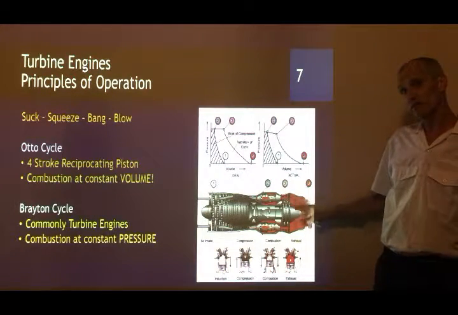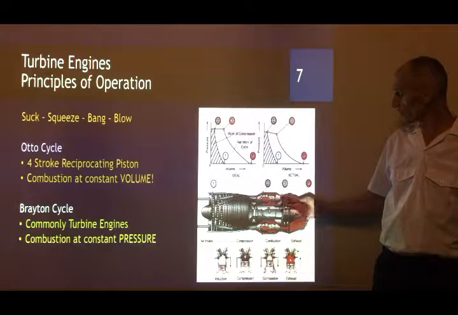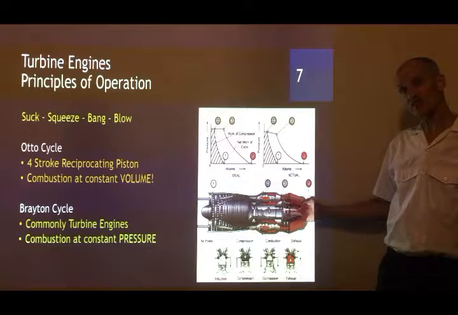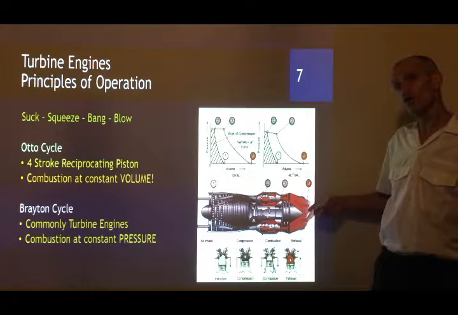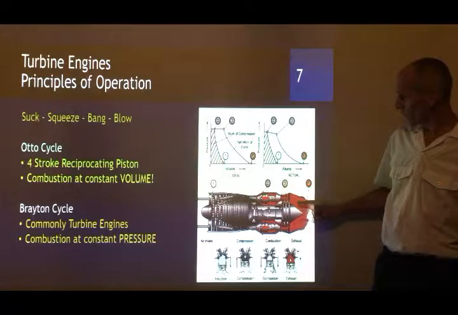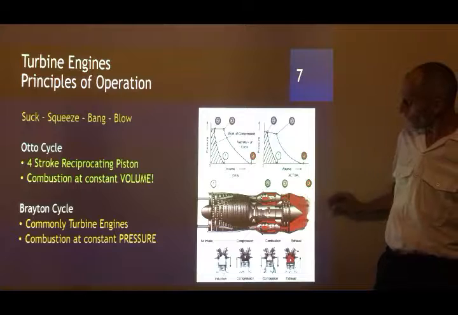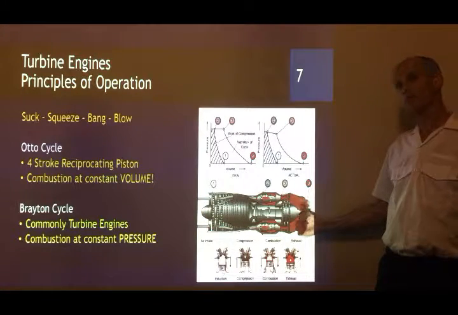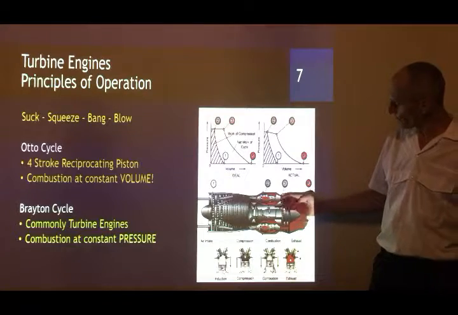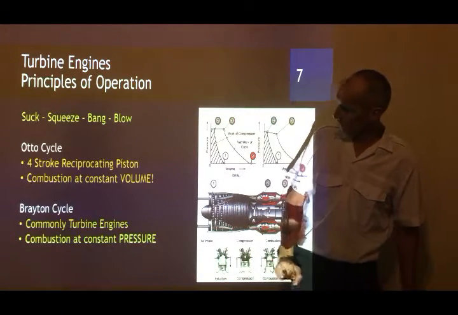Here's the turbine. By reaction of the expanding, high-speed gases, it will turn this turbine. And the exhaust gases get exhausted out the back, producing a massive amount of thrust there.